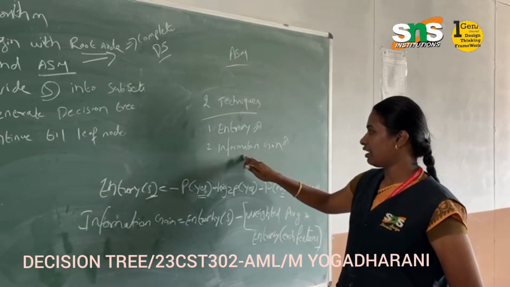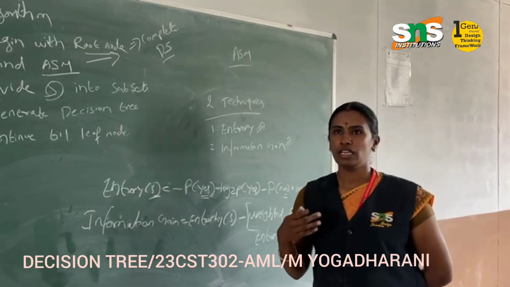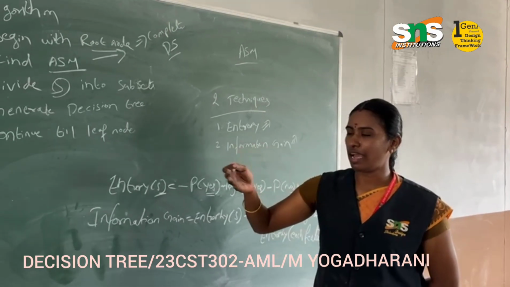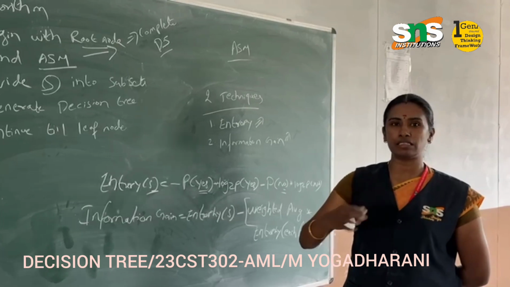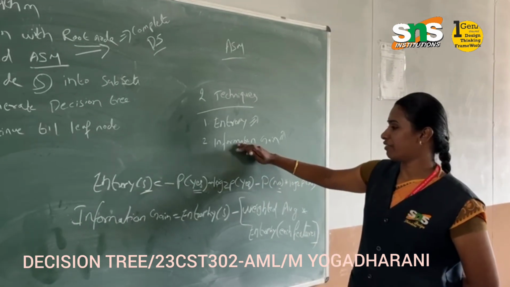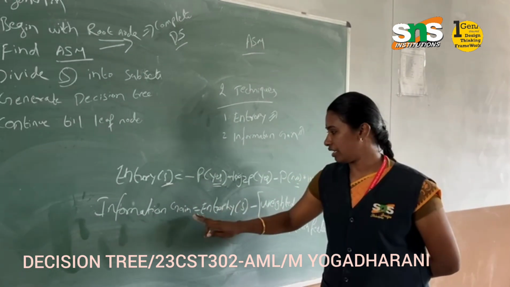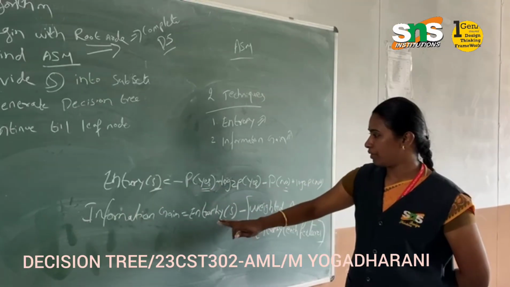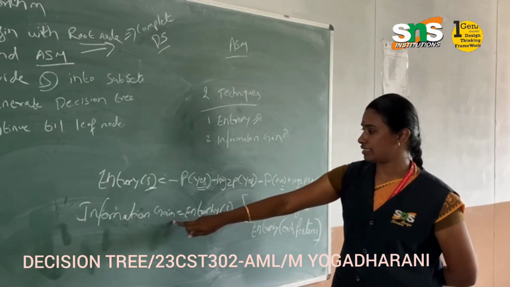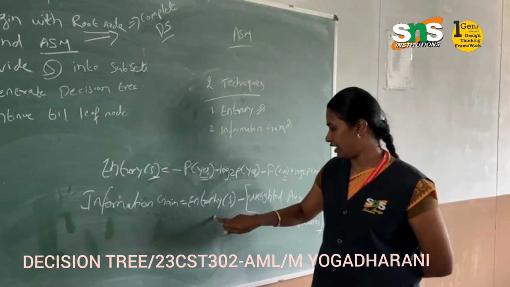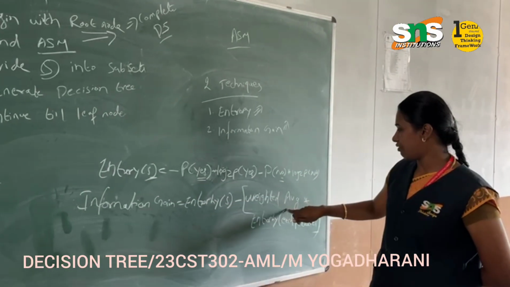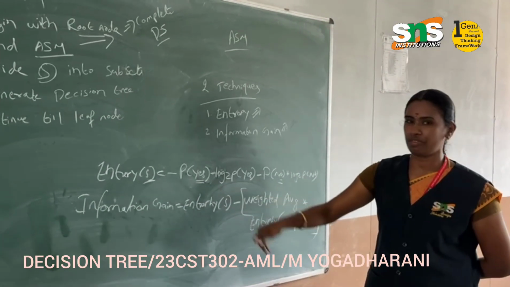In information gain, it always maximizes the value of the node and subtrees. The information gain formula is: information gain equals entropy of S minus weighted average into entropy of each feature. I already told you that information gain is the measurement after the entropy.